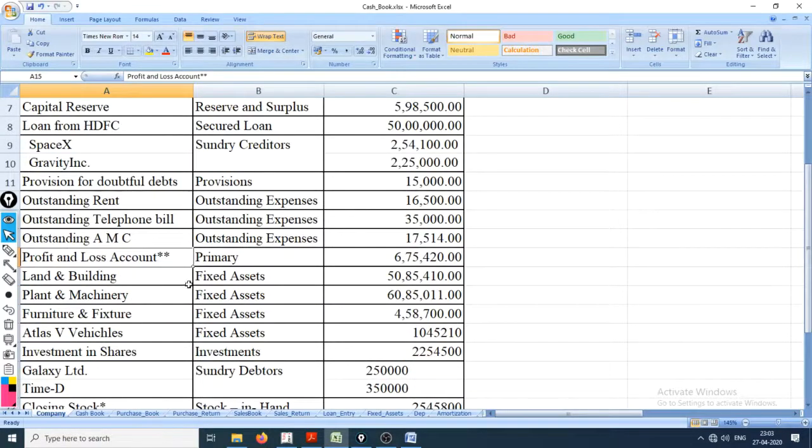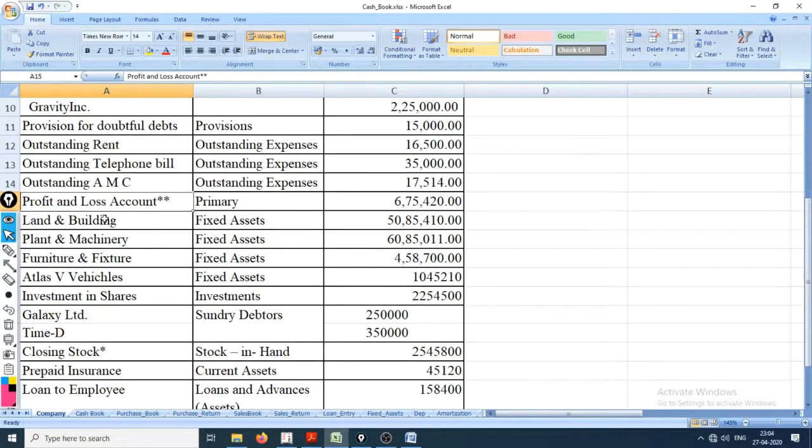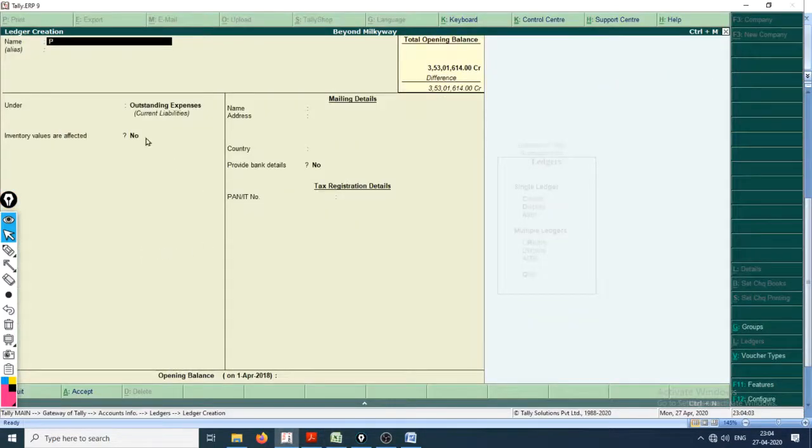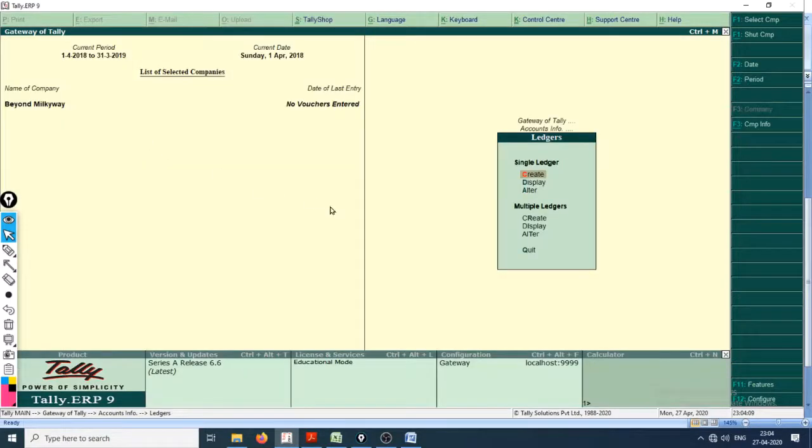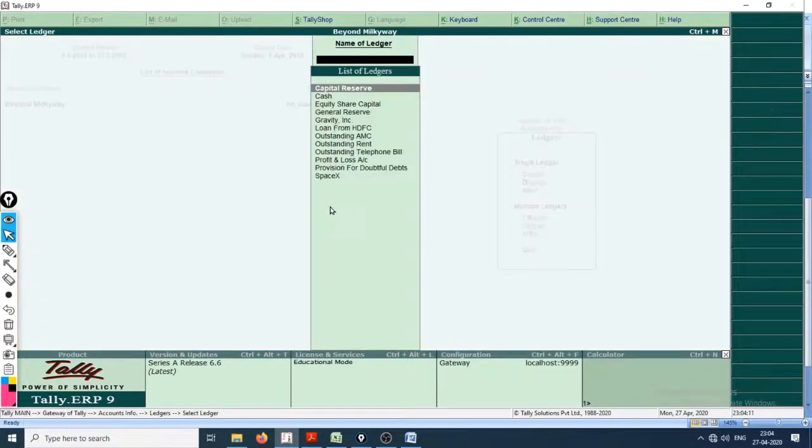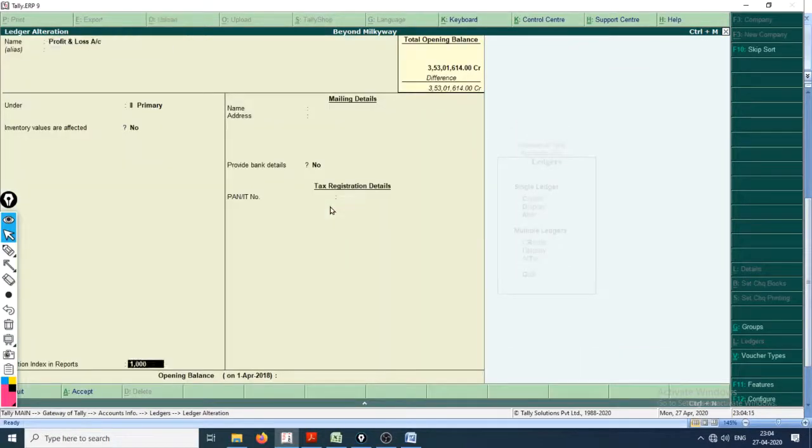Profit and loss account is a primary account. 675,420. Profit and loss account is already there, I guess. Hence, we should press escape and alter, and let's see if we have it. Yes.